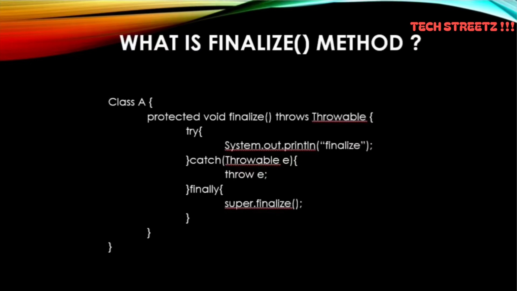Then you want to make sure these resources are also released before the object is destroyed. To perform such operations, Java provides protected void finalize in the Object class. You can override this method in your class and do the required tasks. Right before an object is freed, the Java runtime calls the finalize method on that object.